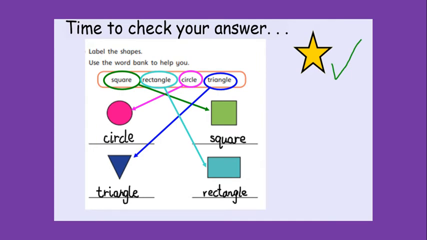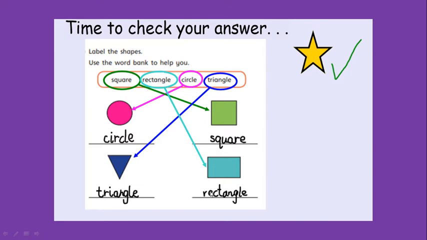Okay then, as you can see, I have colour coded all of the shapes for you. So you can see that the square is green, and I've linked it up with the word square, and I've even written it nice and neatly underneath so you can see how I would write it. Then the rectangle is a lovely turquoise cyan colour, and I've linked it up to the rectangle word.